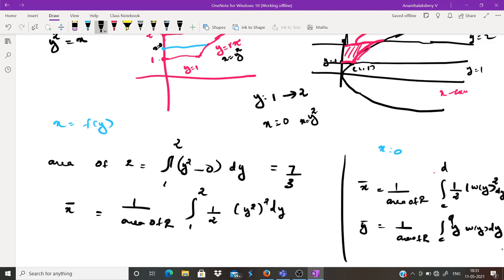So this is x bar, and y bar is 1 by area of R, integral 1 to 2 of y times y square dy. So here you get the answer as 93 by 70, and here it is 45 by 28.